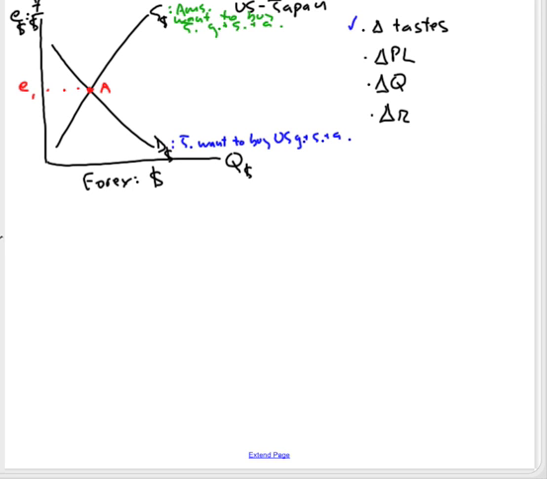What if there's a change in taste? What if made in America becomes cool, and all other things being equal, Japanese people want to buy more American goods, services, and assets? Well, if they do, then the original demand curve will shift out to the right. There'll be a higher demand for dollars.